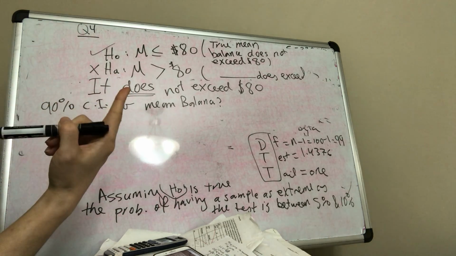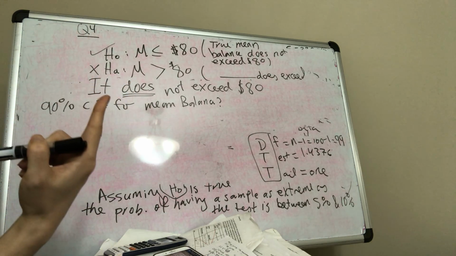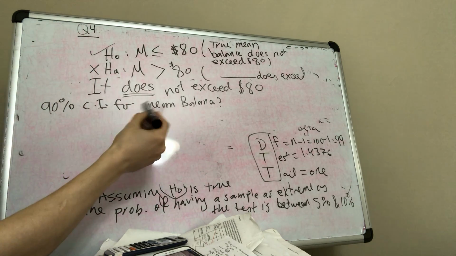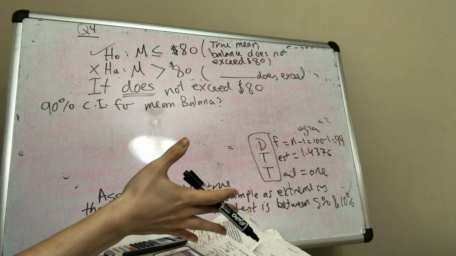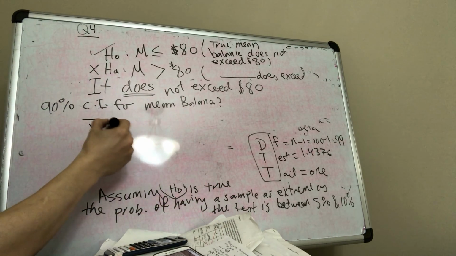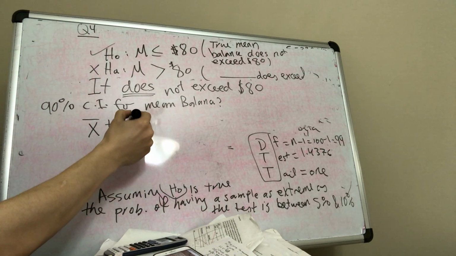This is a confidence interval for one mean when sigma is unknown; they didn't mention anything about the standard deviation of all. We use this formula.